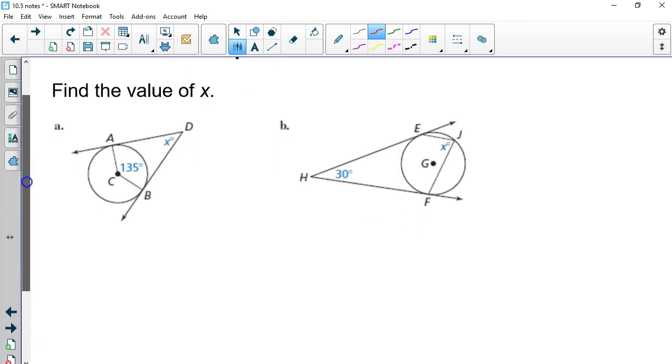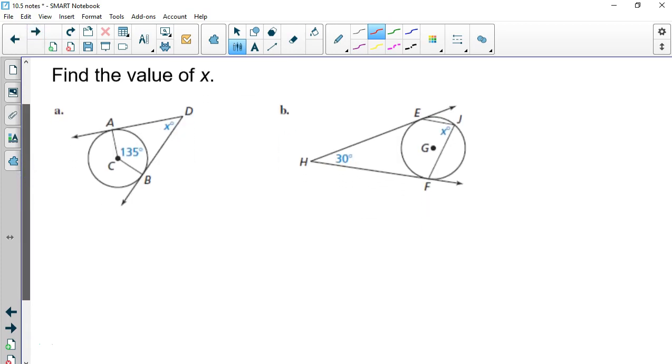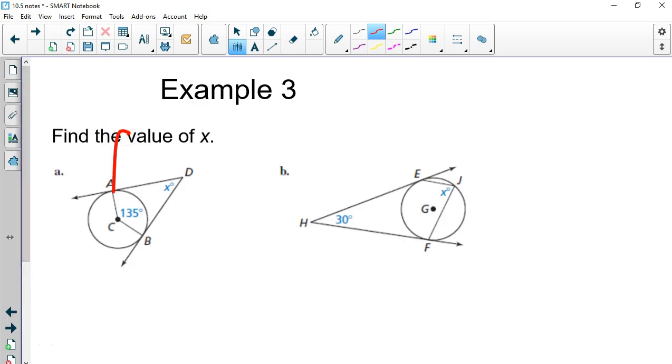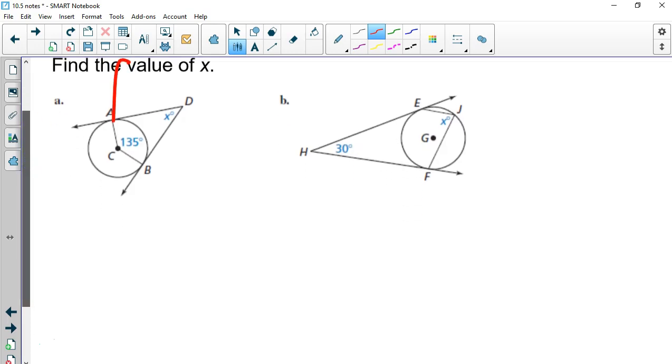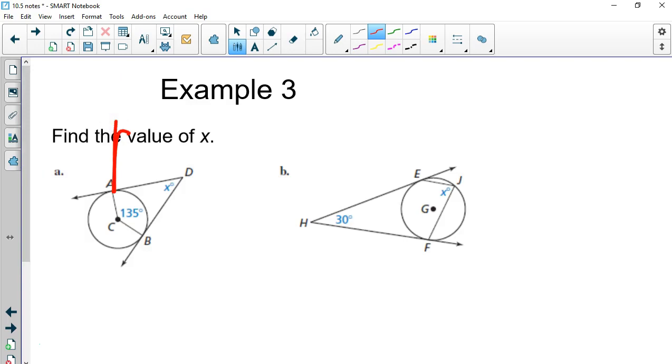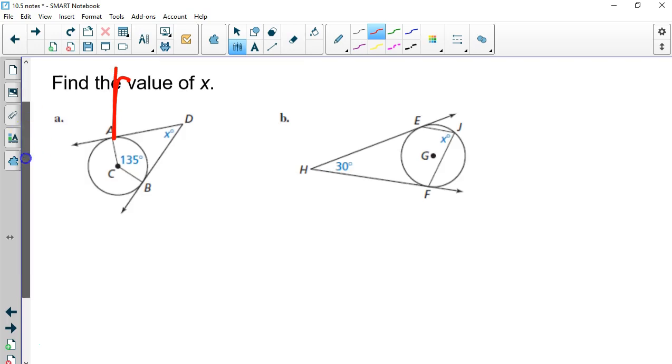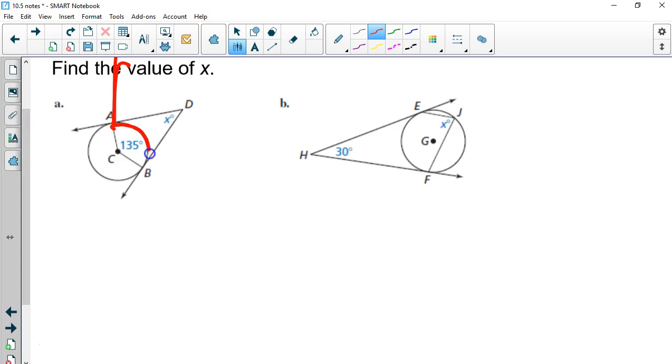So let's try that. We have an arc right here. Let's try it again. This arc right there is formed by those two tangent lines, the circumscribed angle, but also formed by this central angle.